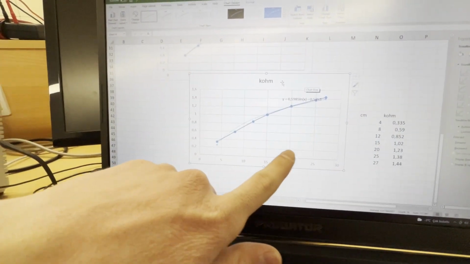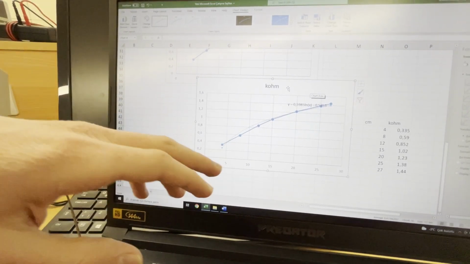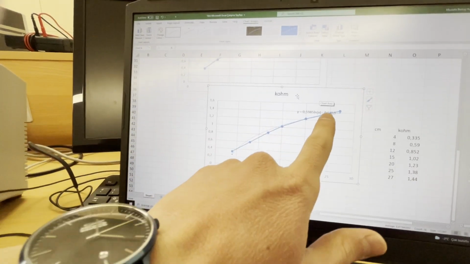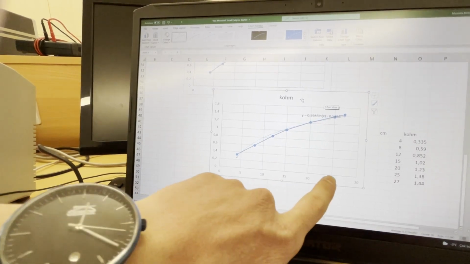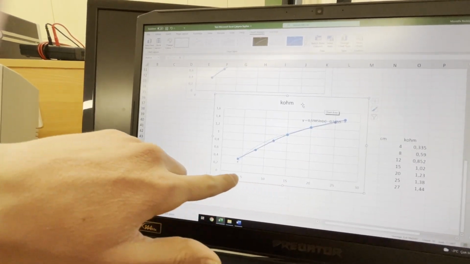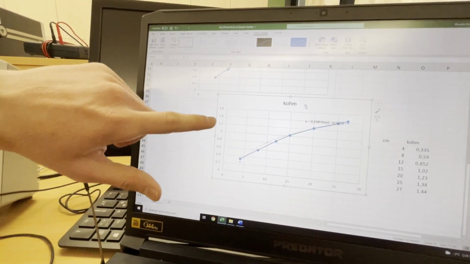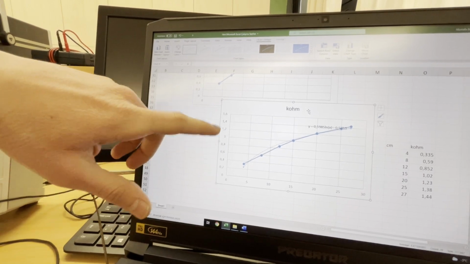As we know from physics and the properties of the LDR, the distance is on the x-axis, in centimeter scale, and sorry, our y value is the resistance value, in kilo ohm scale.